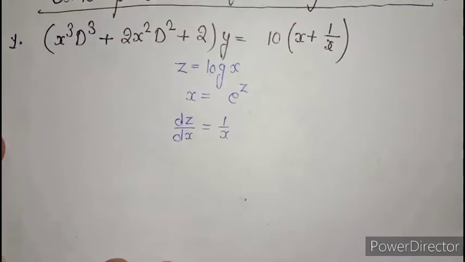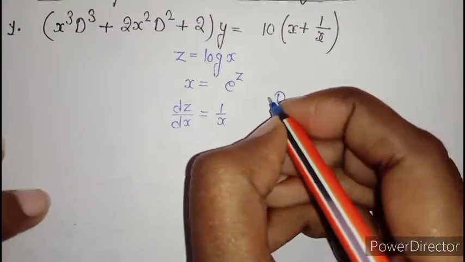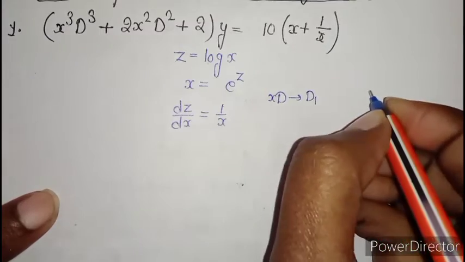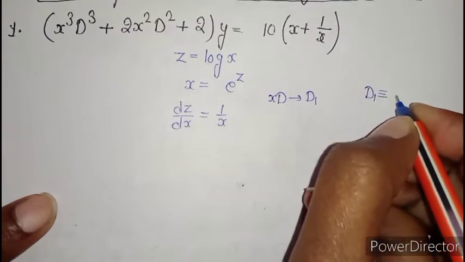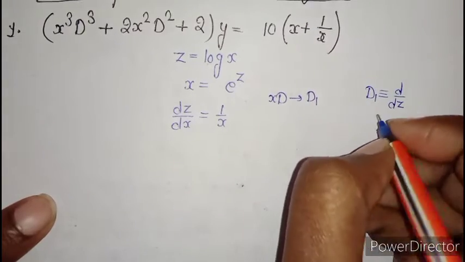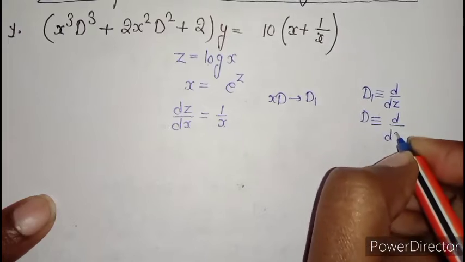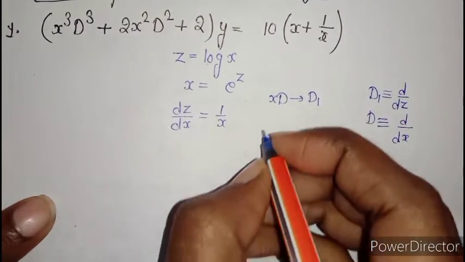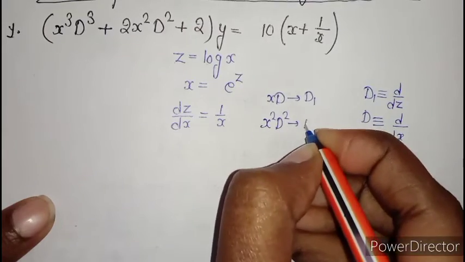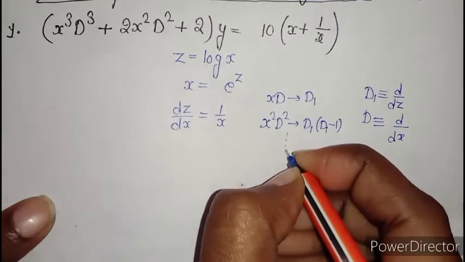Now, as I told you in my previous video, we have to replace xD by a new derivative, that is D1, and D1 is nothing but the derivative of any function with respect to z, and D is the derivative of any function with respect to x. So we replace xD by D1 and x square D square by D1 into D1 minus 1, and we repeat this process.